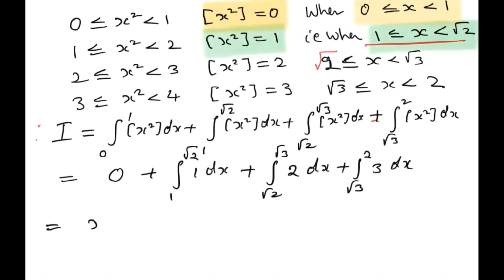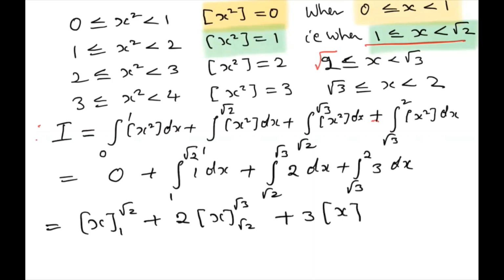Integrating, the integral of 1 is x between the limits 1 and root 2. You can keep 2 outside, the integral of dx again is x between root 2 and root 3. 3 outside, the integral of dx is x. Lower limit is root 3, upper limit is 2.